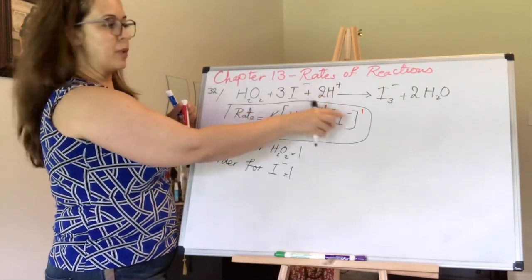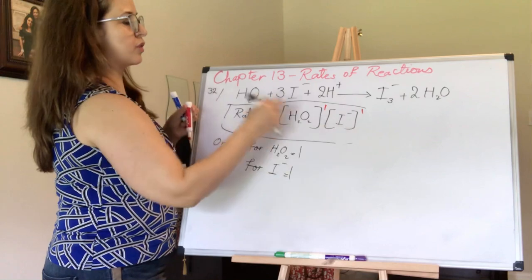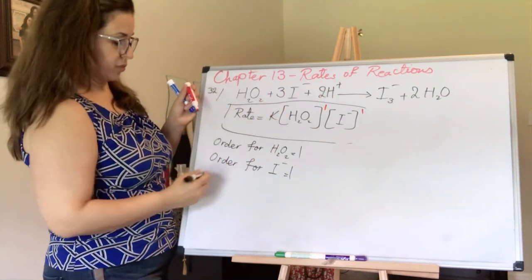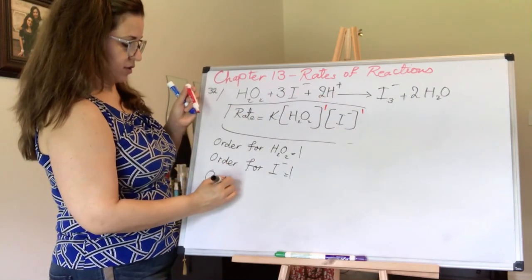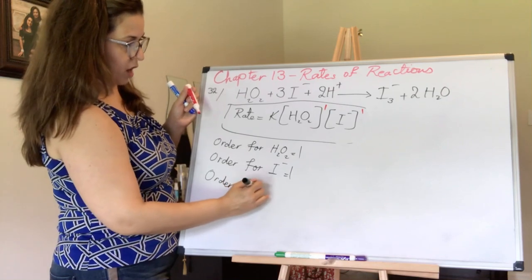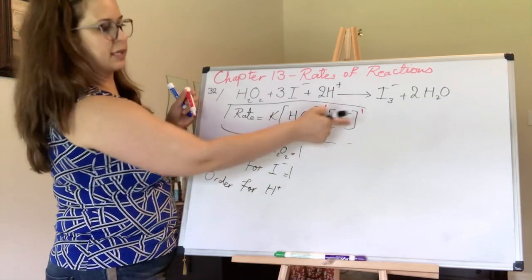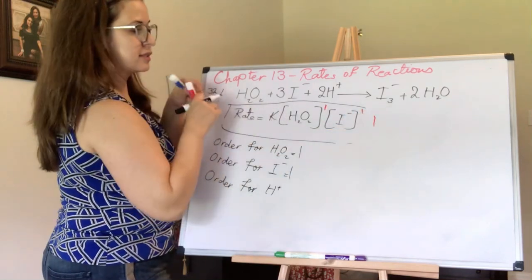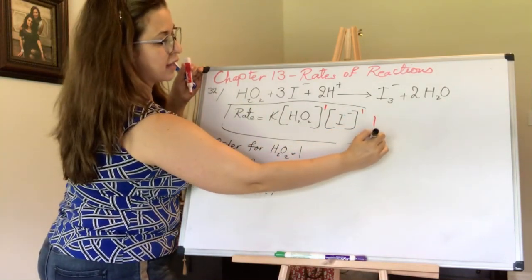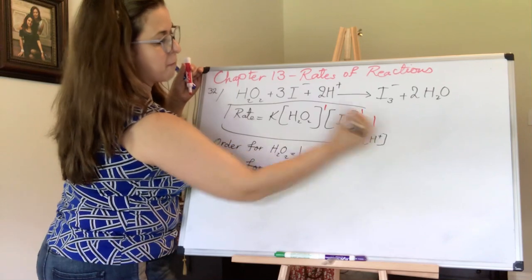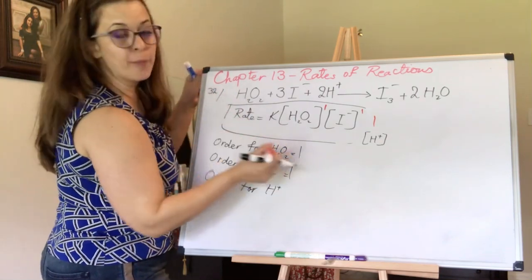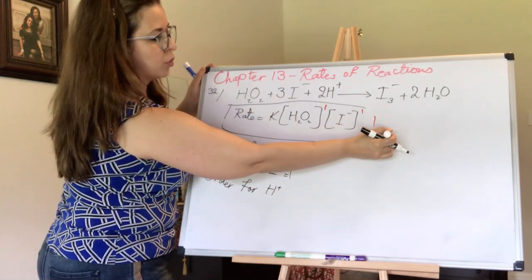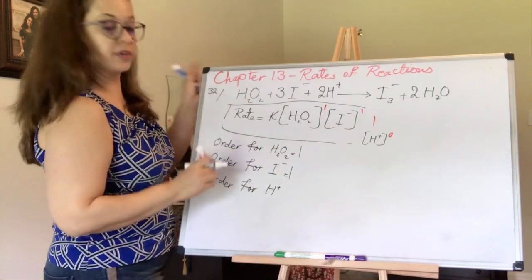And you might have thought that I forgot to write the concentration of hydrogen, but I didn't. This is what is given to you. Order for hydrogen. Do you see anything here? No, which means it was 0, because what exponent makes any number change to 1? 0.